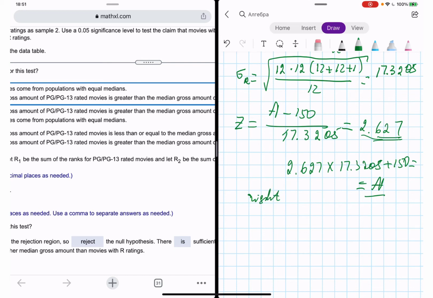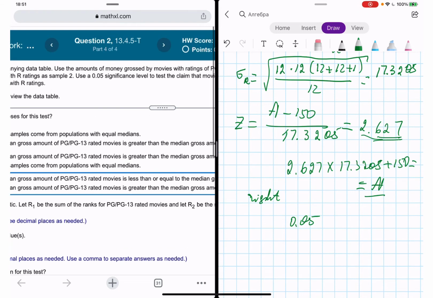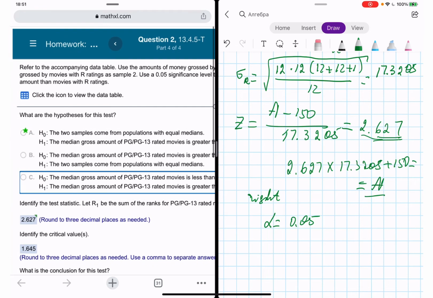So to find the critical value, we take alpha 0.05, right? 0.05 here, and accordingly it's going to be 0.05 here, right?